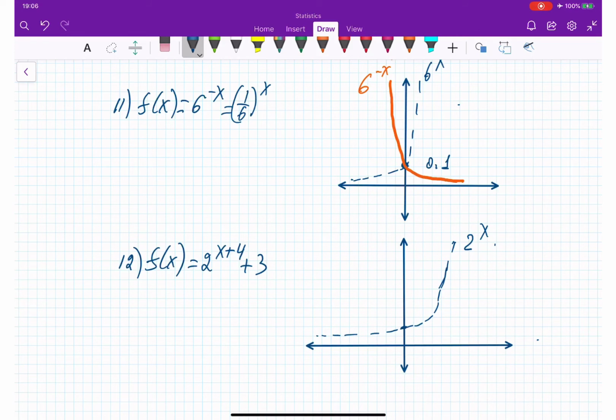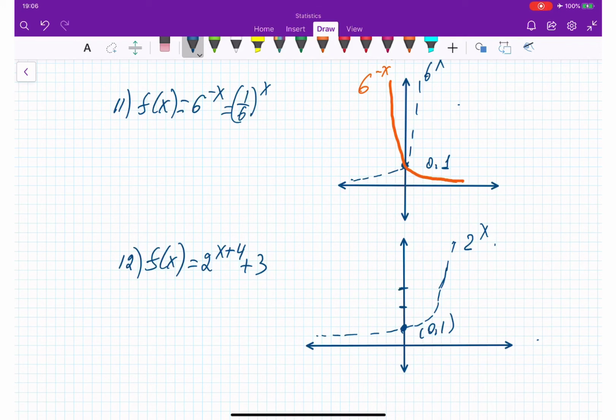So this plus 4 is a horizontal shifting, which is going to go -4, and plus 3 is going to be vertical shifting, right? So it's going to shift up 3. This is 0, this is 1, right? This coordinate. So we are going to go up by 3.